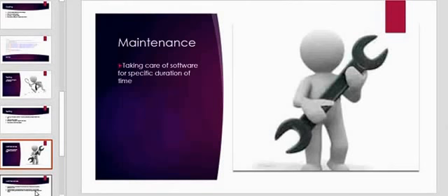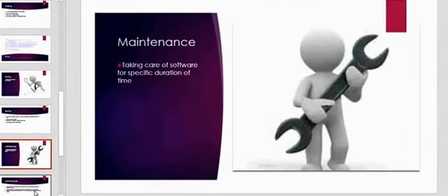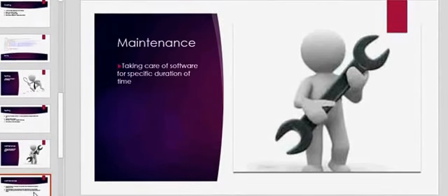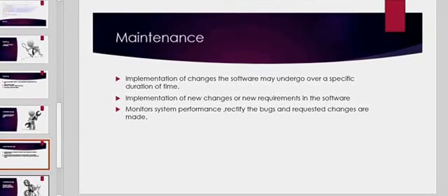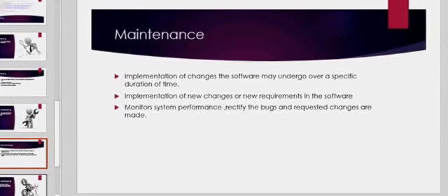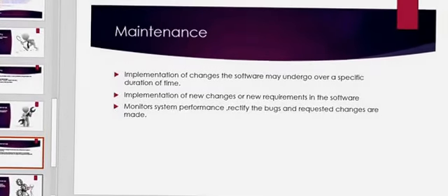Once we are done with testing, the final stage of SDLC is maintenance. Taking care of software for a specific duration of time is called maintenance. That is, checking whether the software is running properly or not is part of maintenance. The maintenance will be given by the client either within a specific duration of time or after that duration.